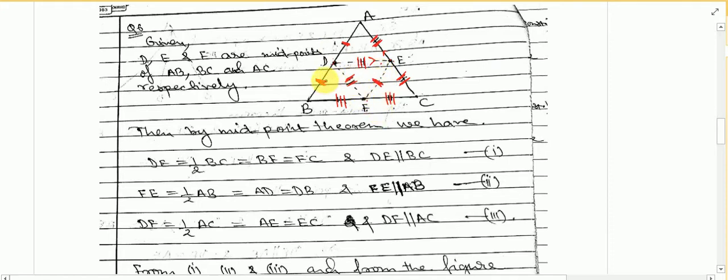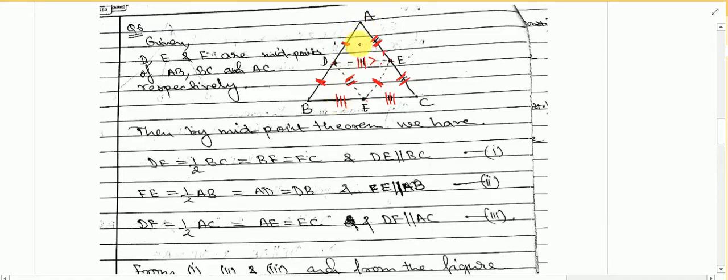Done. Now what you observe, if you consider this triangle ADE, in fact you can see these all four triangles have sides equal.